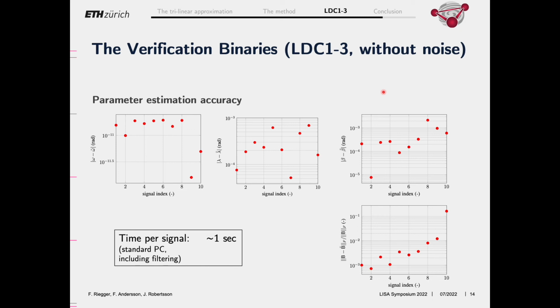So instead of showing the extrinsic parameters, we are showing the error in the unique matrix B. I would also like to mention that on a standard computer, it took us roughly 1 second to estimate the parameters of a single signal. And within that second, we did the bandpass filtering, we restarted the alternating least square methods from multiple different initial guesses, and we extracted the source parameters.